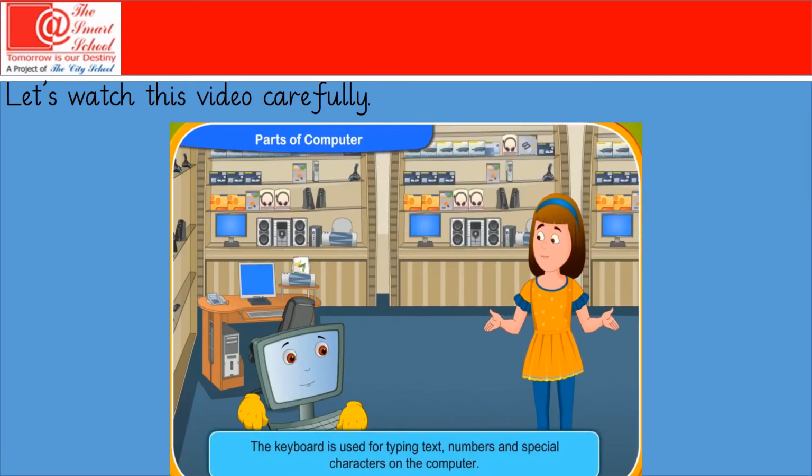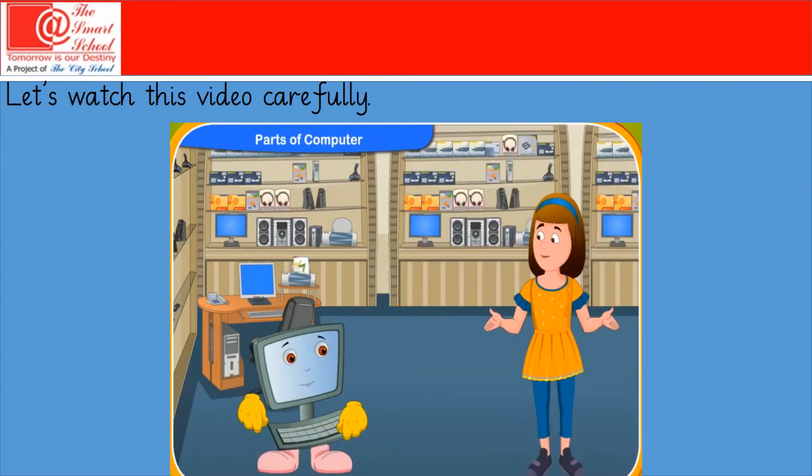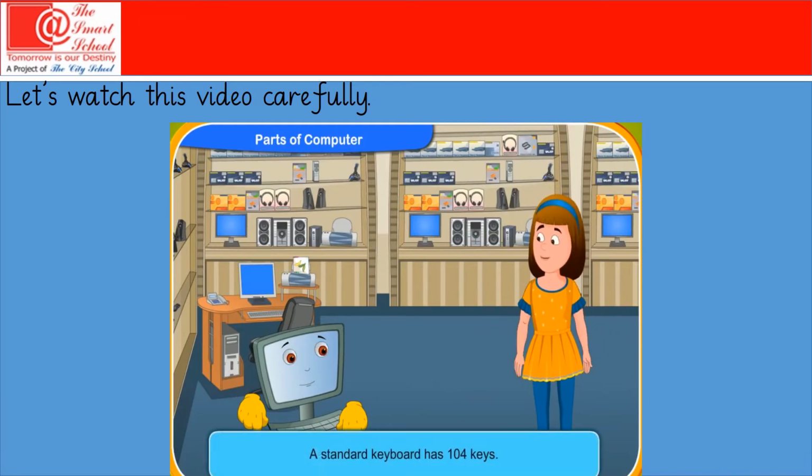The keyboard is used for typing text, numbers, and special characters on the computer. Yes, Rennie. The keyboard has many buttons on it, which are called keys. Different keys have different functions. Yes, I remember that a standard keyboard has 104 keys.